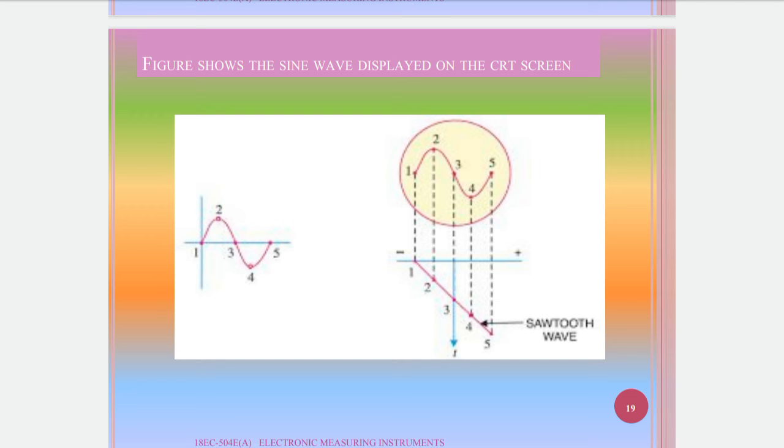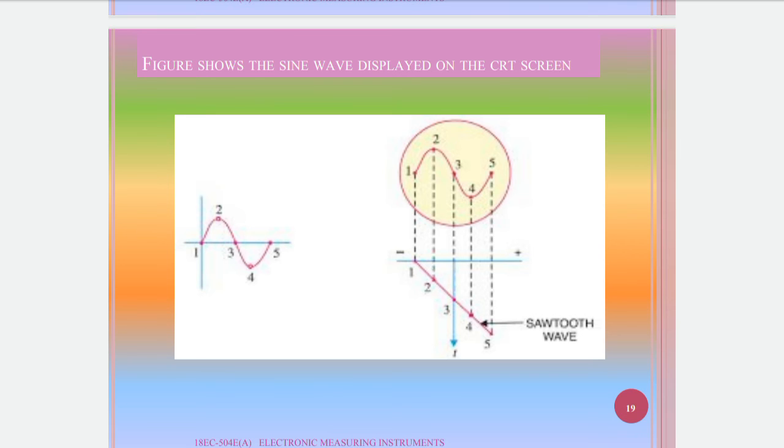So, when simultaneously with the horizontal sawtooth voltage, an input voltage is applied to the vertical deflection plates, the beam is under the influence of two forces: one in the horizontal direction, moving the beam at a linear rate from left to right, and second in the vertical direction, moving the beam up and down.